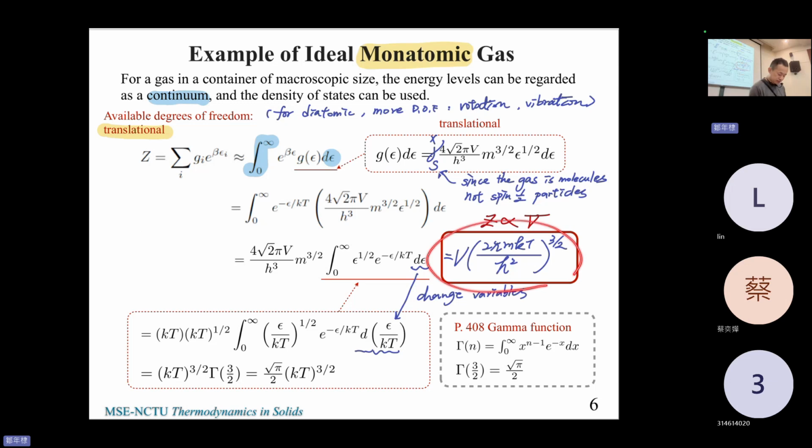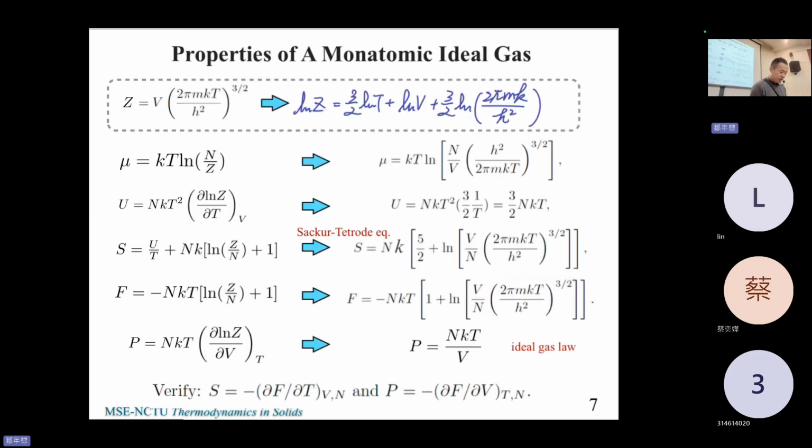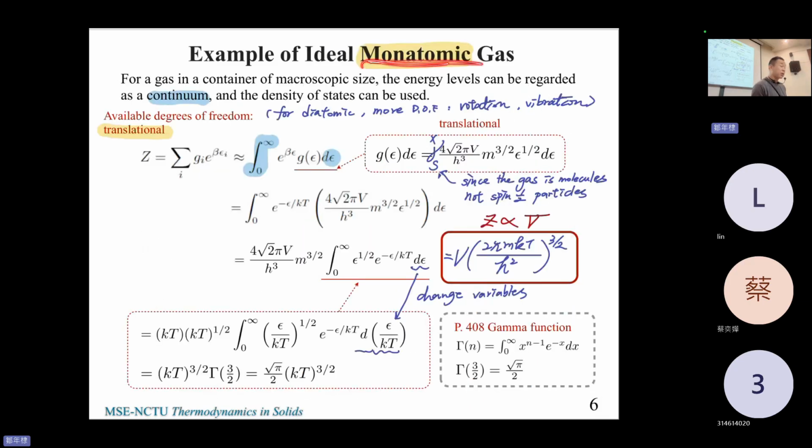So you can see the relationship between Z and volume. Also, today we are going to talk about diatomic. Diatomic means two atoms in the molecule, but monatomic is just one single atom for the gas.